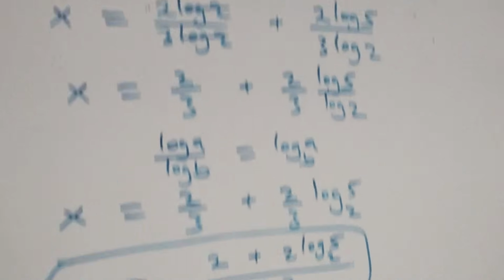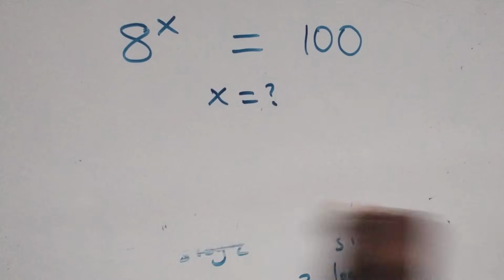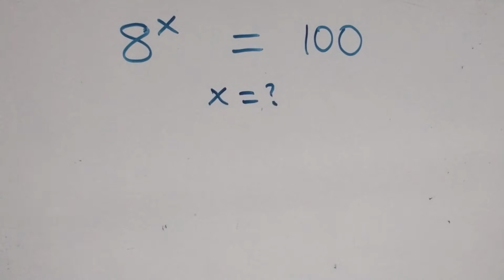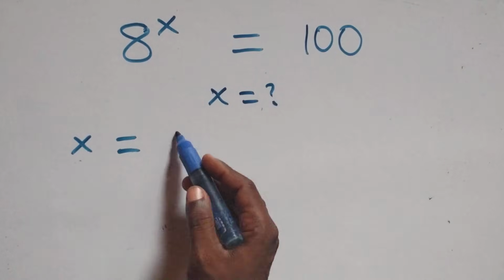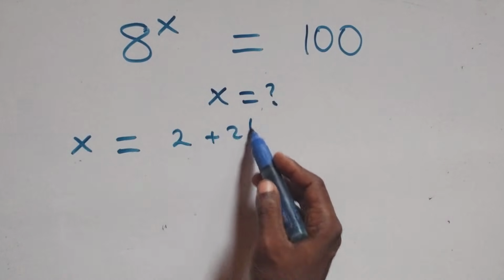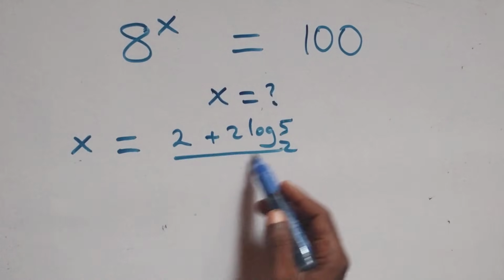Then let's check here if this satisfies this given problem. That is, we substitute the value of x here, which is x equals 2 plus 2 log 5 base 2 all over 3.